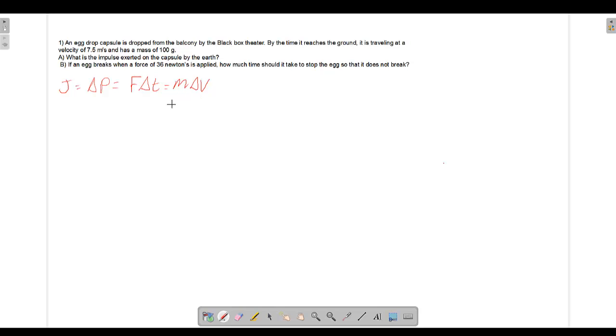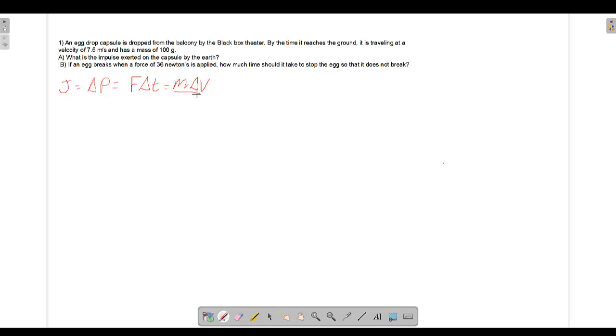Because we don't know the amount of time it spends in the air, F delta T is out. But we do know the mass, and we do know the change of velocity, because we know that it was started from rest when we dropped it. So the initial velocity is 0, the final velocity is 7.5, and the mass is 100 grams or 0.1 kilograms.